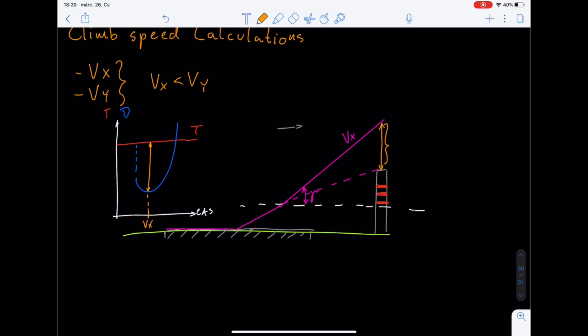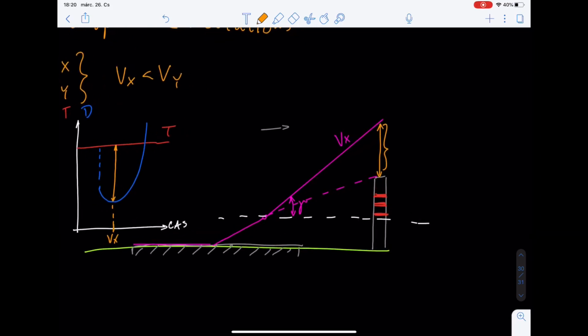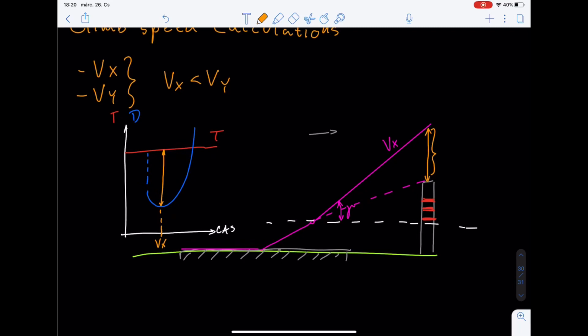Okay, so what happens with the flight path angle if I fly with any other speed than Vx? What happens if I choose a lower speed, like right here? In that case, it's visible that the excess thrust is going to be less, so therefore your angle is going to be shallower than the initial one, right?